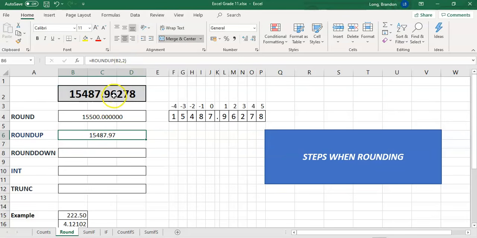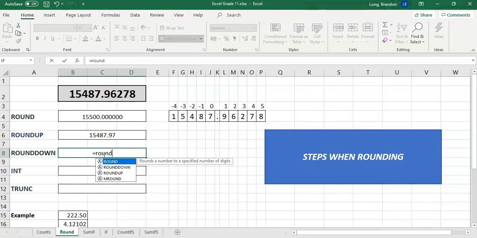If I go to the second decimal place, that 2, although it's a 2, so technically that 9.6 should stay 9.6, but because it's round up, it'll always move that 2 up. So the last value will always move up 1. And you can guess, the round down will always go down.